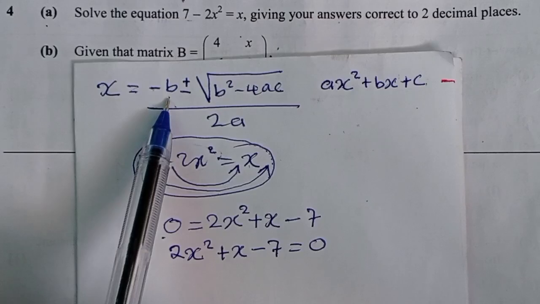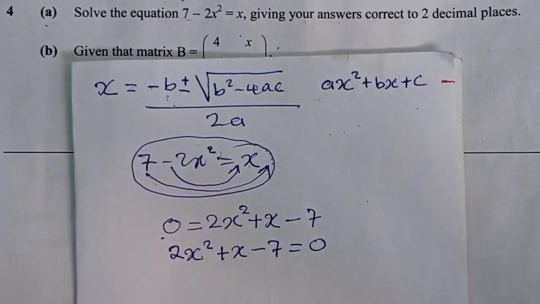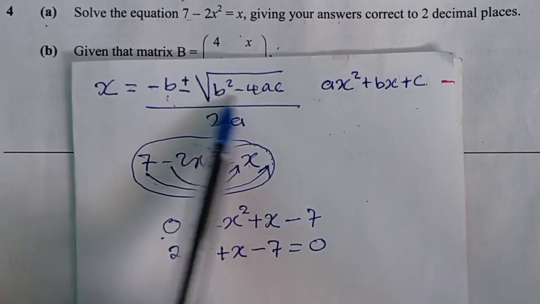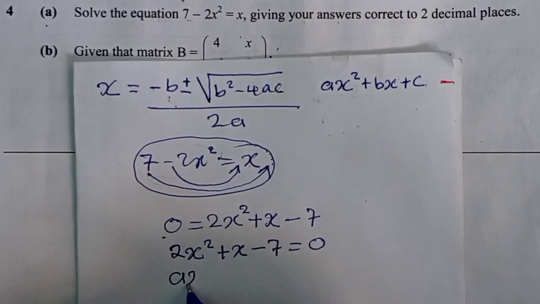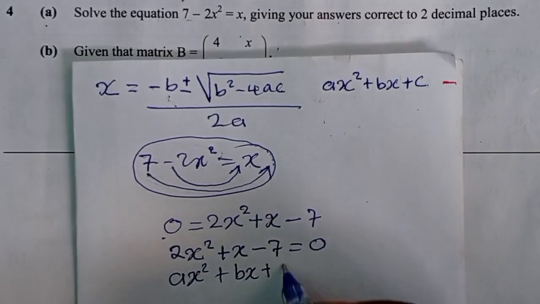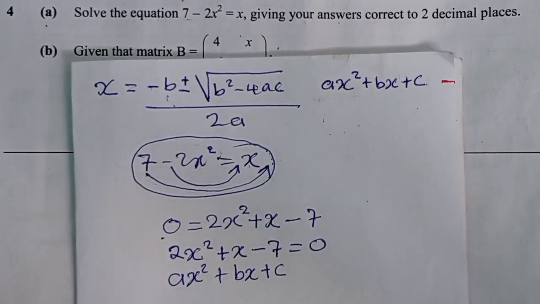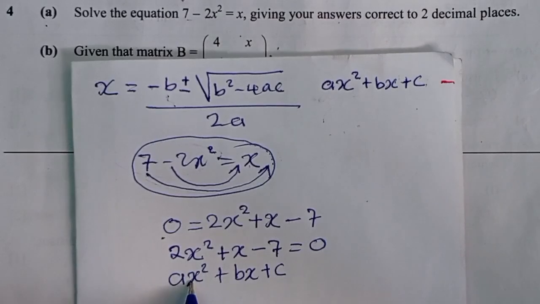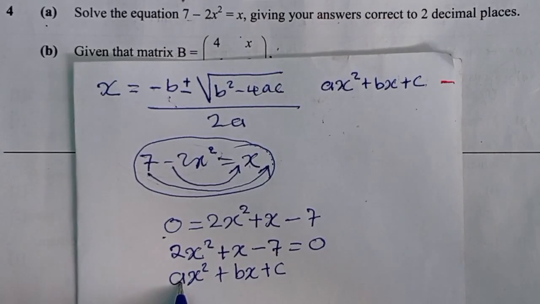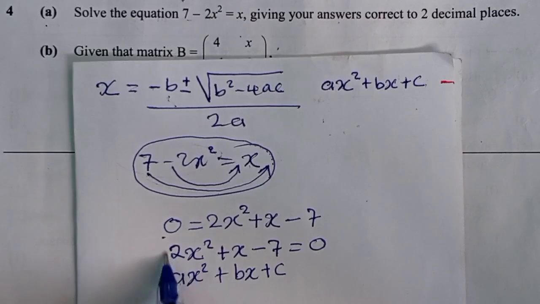So this is the formula. We need the value of a, the value of b, the value of c. Remember that is the order: we have ax squared plus bx plus c. In this case, the coefficient of x to the power 2 is the value for a, and its coefficient is 2.